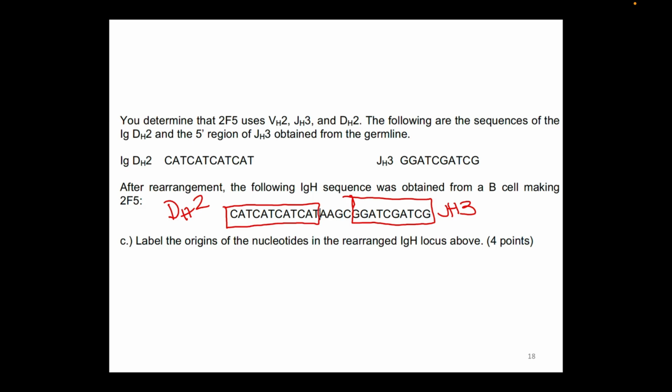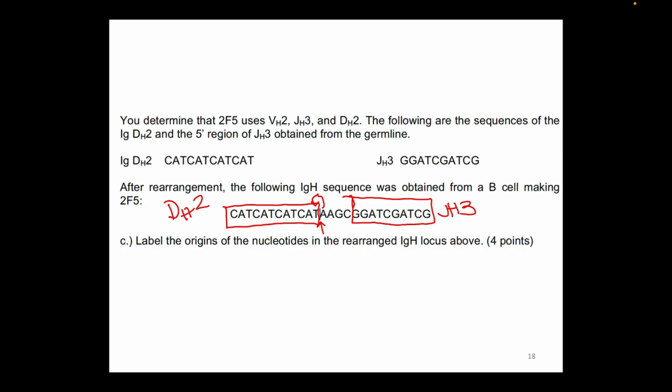So we're first going to look at the first A. If this A had been a P nucleotide that originated from the DH2 segment, it would have been base paired to that T originally. It would have been a hairpin that had been cleaved in the wrong spot.